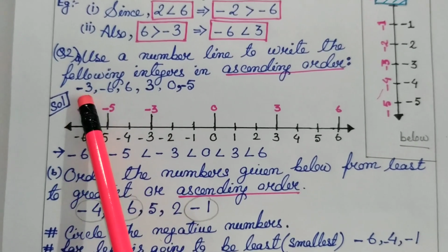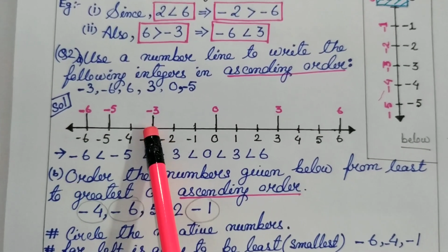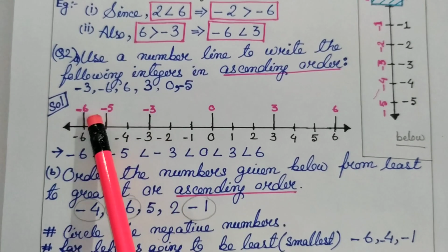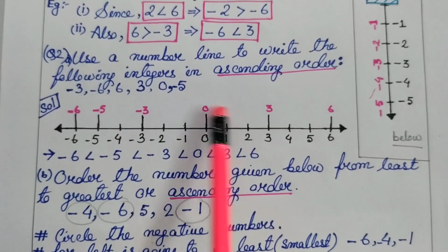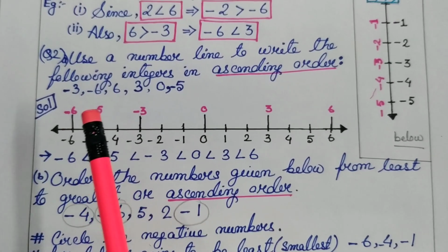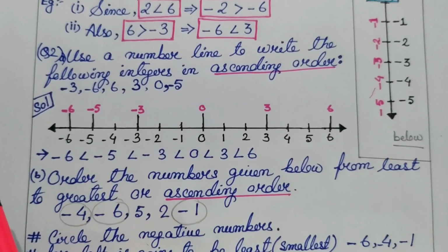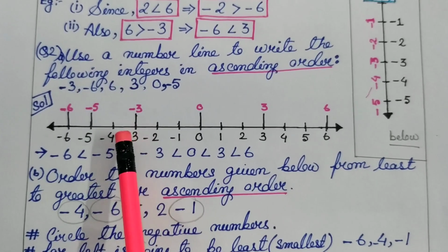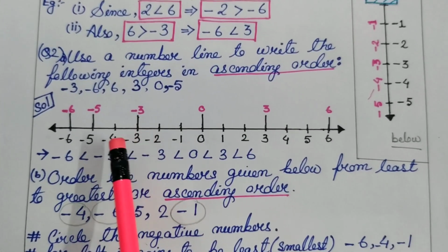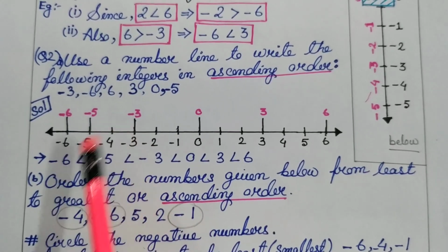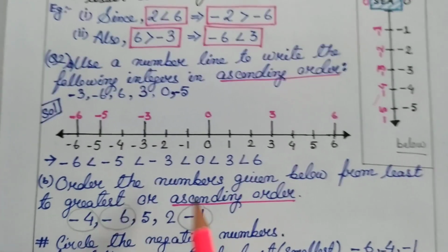Like, first value is minus 3. You have to write over here also. It's not necessary that you use different color pens. You can also use your pencil. It's better if you use a pencil to draw this, so that even if you make some mistake, you can rub it off and change it. So see what I have done. I have written over minus 3.